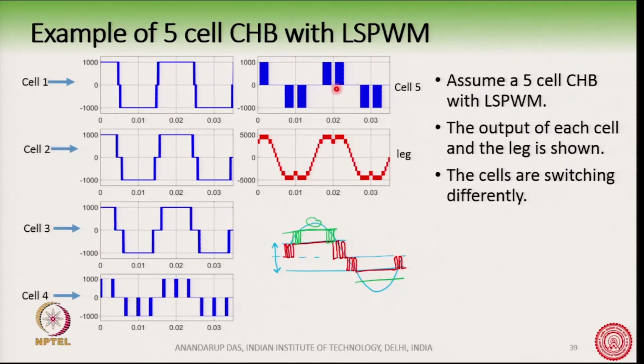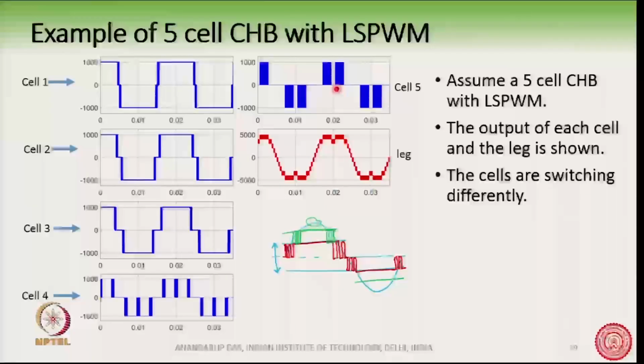So, level shift PWM causes an unequal distribution of losses in all the cells. You can see cell 2, cell 3, cell 4, depending on the power factor also, the losses will get substantially different. Okay. But this is not the case with phase shift PWM. In phase shift PWM, the waveforms produced by each cell were almost identical.